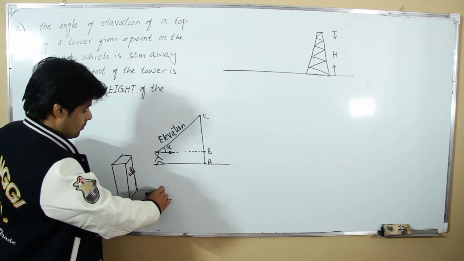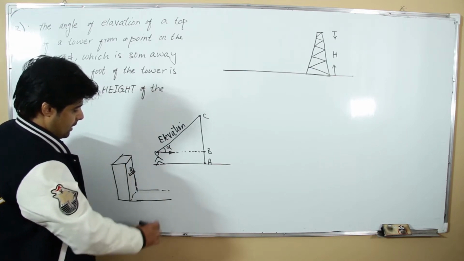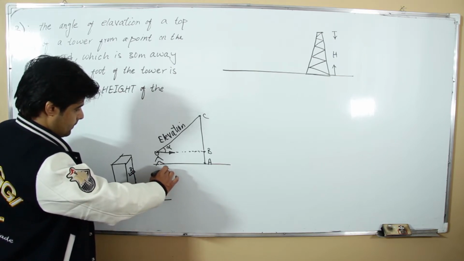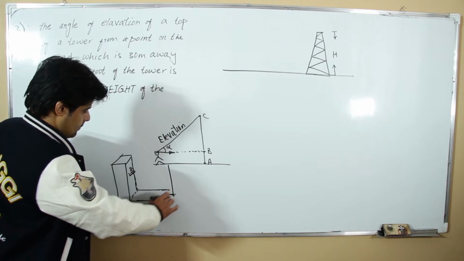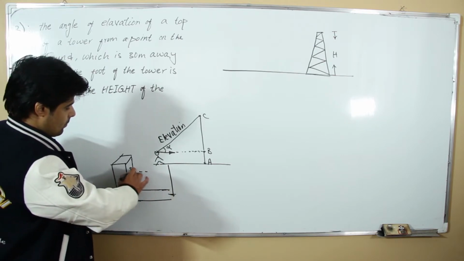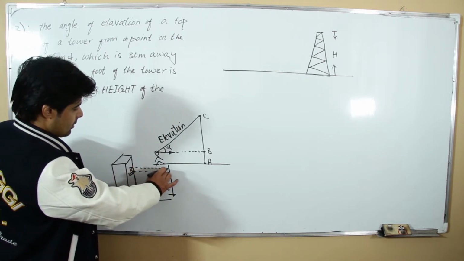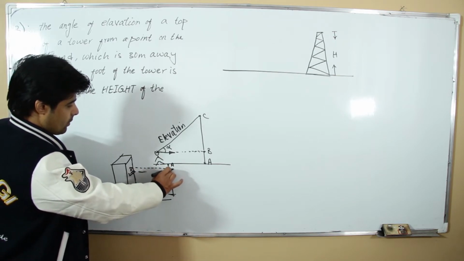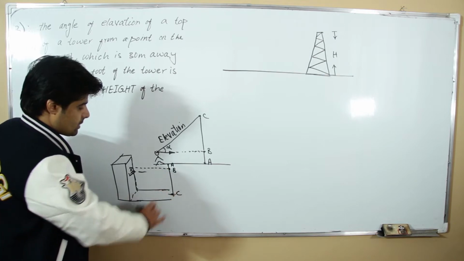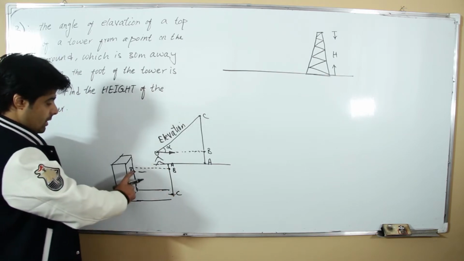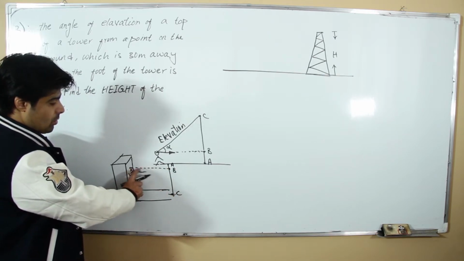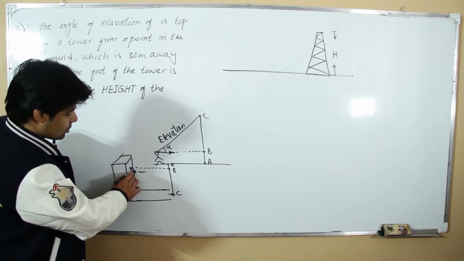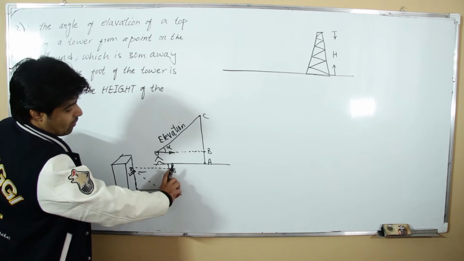Now the horizontal line of this person is here. We have here A, we have B, and we have C. Horizontally he or she looks to the B point, and then she looks to the foot of the tower.